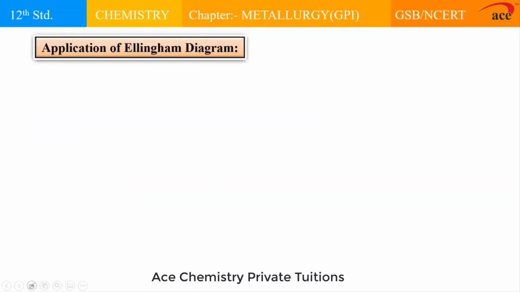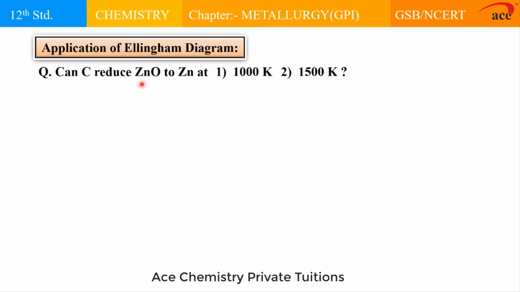So let us understand some applications of the Ellingham diagram in order to decide the reducing agent at specific temperatures. Suppose they ask a question like this: can carbon reduce ZnO to Zn, and they have given two different temperatures, 1000 Kelvin and 1500 Kelvin. To answer this, we first have to check the formation of ZnO as well as the oxide of carbon at both temperatures.